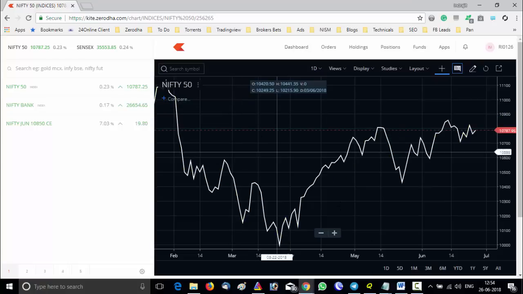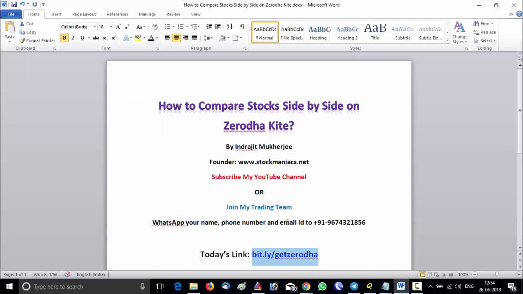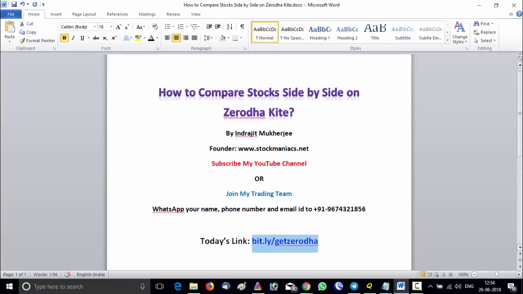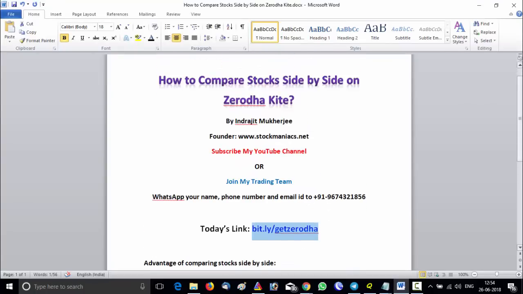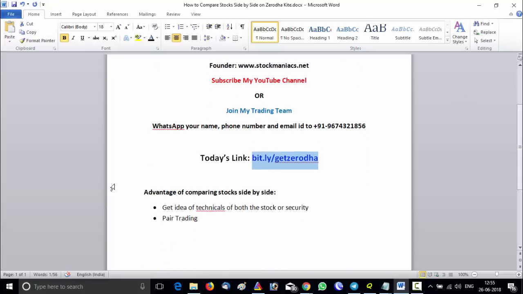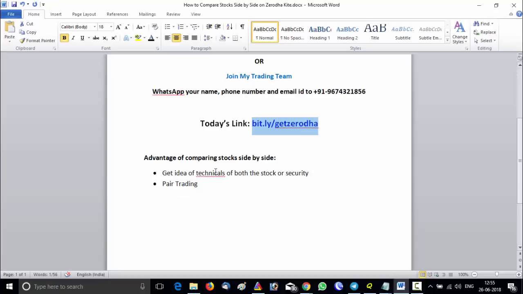So friends, I have shown you how you can compare stocks side by side on Zerodha Kite. Similarly, you can do the same for any stocks from any market, but this feature is currently available only on Zerodha Kite. Let me tell you the advantages of comparing stocks side by side.